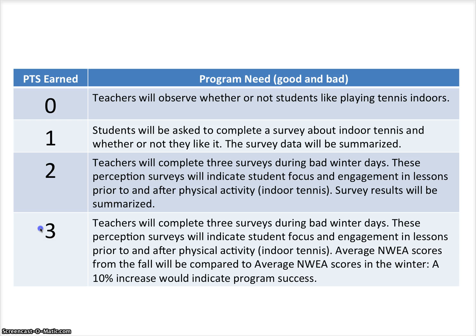And we'll summarize that data, but the expectation is that average NWEA scores from the fall will be compared to average NWEA scores in the winter. An increase of 10% would indicate the program was successful. That's how you get a 3 on program evaluation.